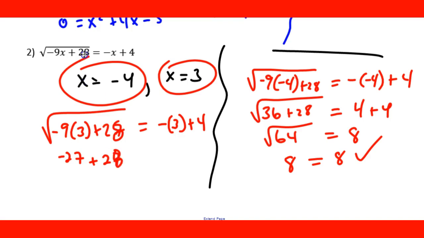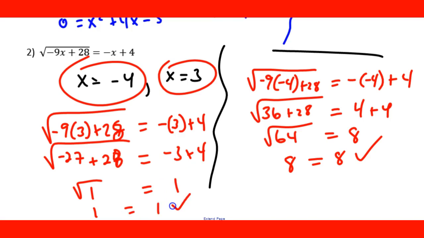There we go. So that's negative 27 plus 28. That's going to be the square root of 1, which is 1. Over here, that's negative 3 plus 4, well, that is going to be 1. Therefore, 1 equals 1. That checks out. So these are the 2 solutions, all right?